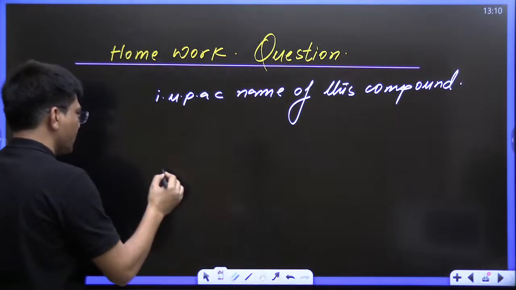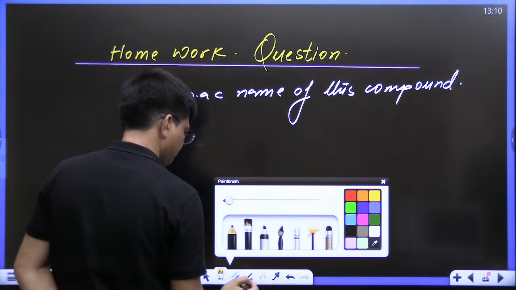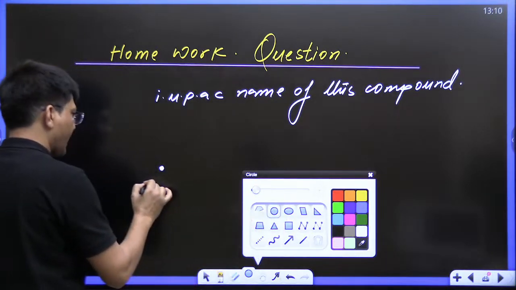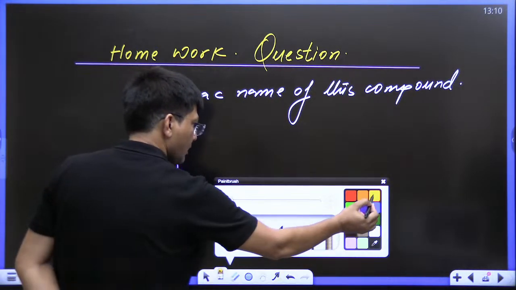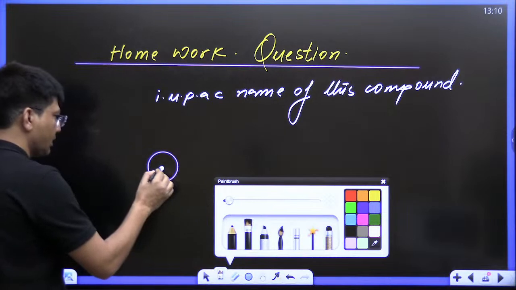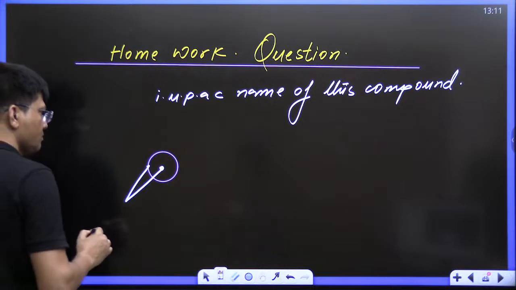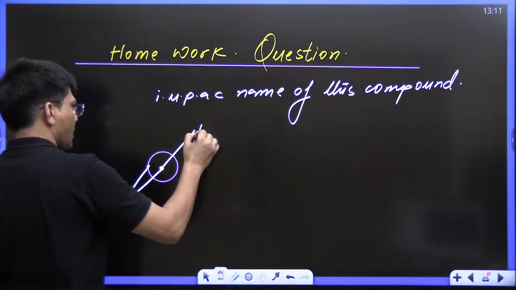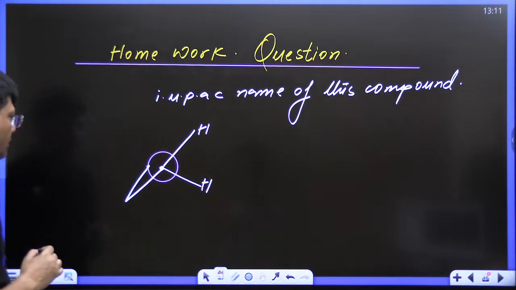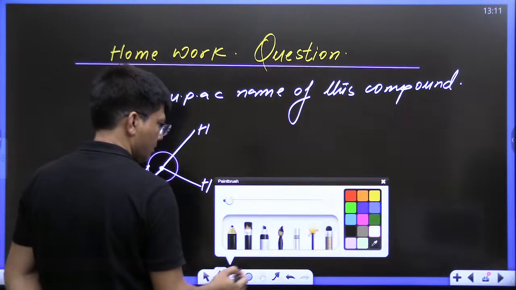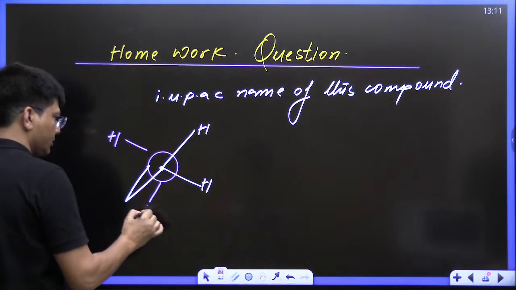IUPAC name of this compound, and the compound is, this is the front carbon, this is back carbon, and front carbon is like this, attached with this hydrogen, hydrogen, hydrogen, hydrogen.